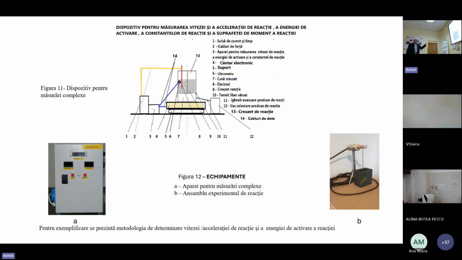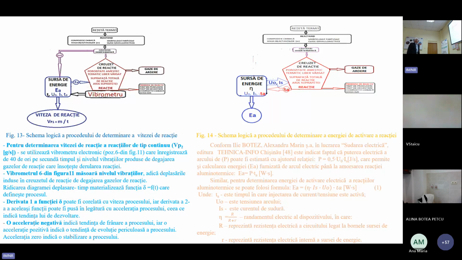Aparatul complex pentru măsurări este în poziția A și sistemul experimental a fost prezentat în figura B. Fiecare dintre funcțiile aparatului complex are o schemă logică a procedurului respectiv. În stânga este schema logică a procedurului de determinare a vitezei de reacție și în dreapta este schema logică a procedurului de determinare a energiei de activare a reacției.